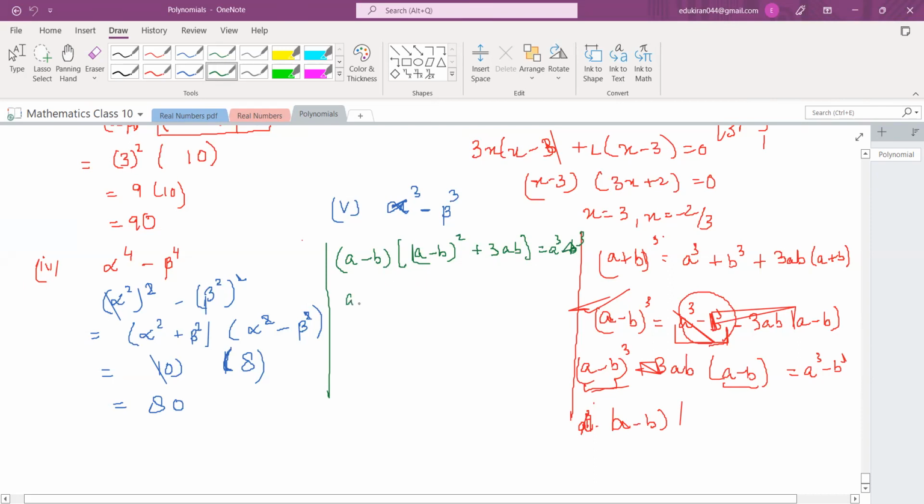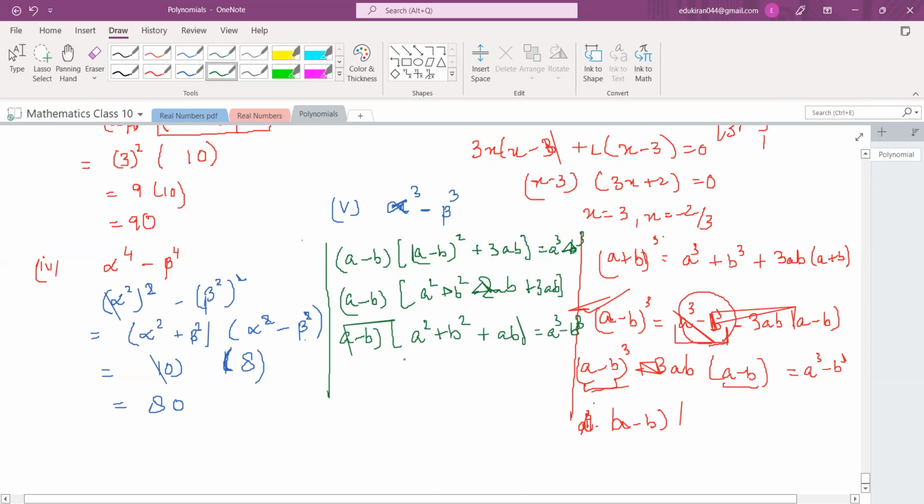So this is a minus b, and then you open this: a square plus b square and minus 2ab. And then you have a plus 3ab. So this is a minus b into a square plus b square and then one minus and one plus, so plus ab. So this is finally a cube minus b cube.